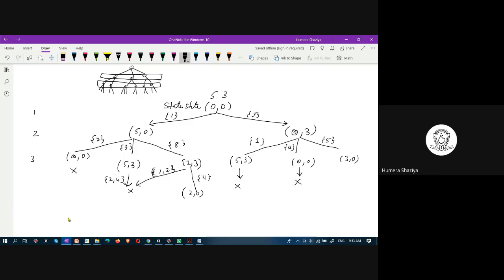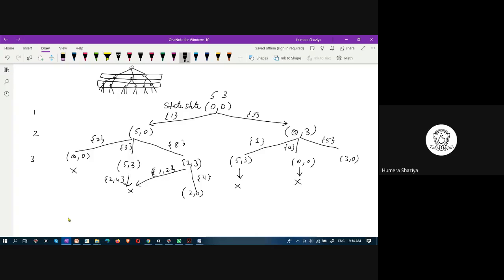It is a loop again. Even if it's not a loop, it's unnecessary expansion. If you put the start state here, further you have to go with 5, 0 and 0, 3. It would lead to ambiguity.